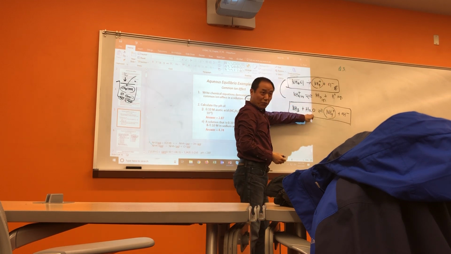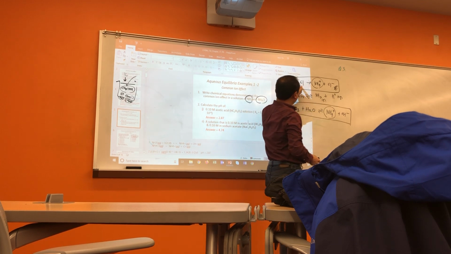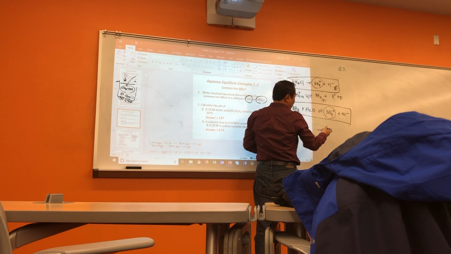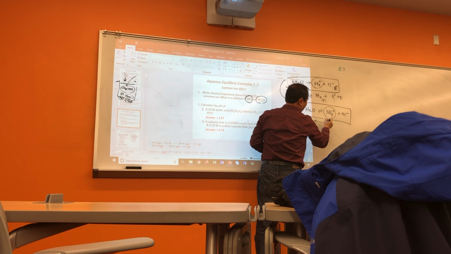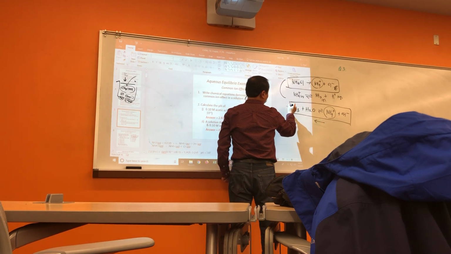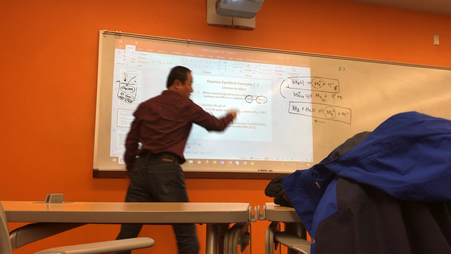And then this is the equilibrium. When you add this guy over here, because that increases ammonium ion, it disturbs the equilibrium backward. Okay, the equilibrium will shift to the left. These are the two reactions you're going to have to write. So to answer this, use those two reactions.